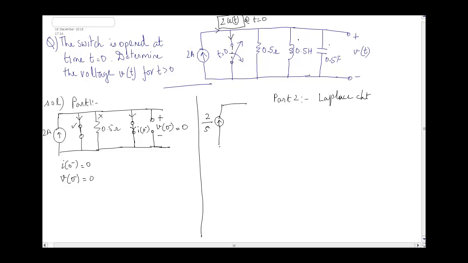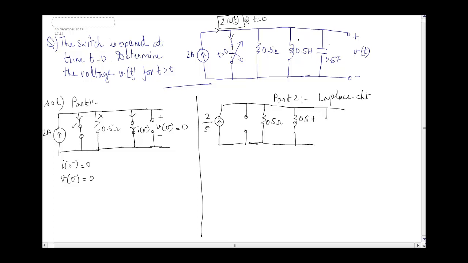Now the circuit is open, so there is nothing here. Then we have the parallel components. One is 0.5 ohms. Another is the inductor. Since there is no initial current, the voltage source is 0, so we have only 0.5 H, which in Laplace is 0.5 s.